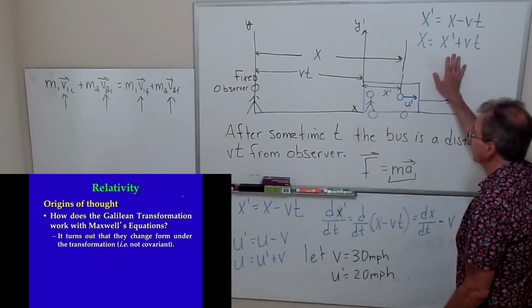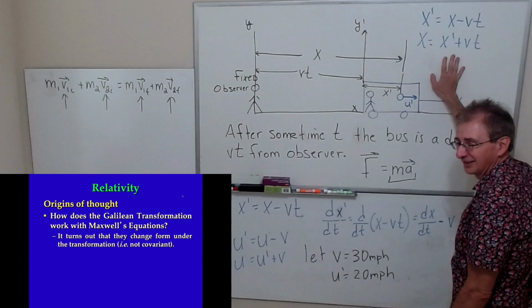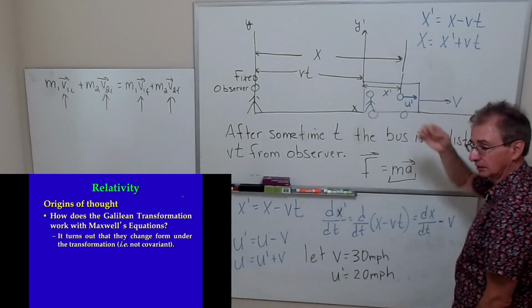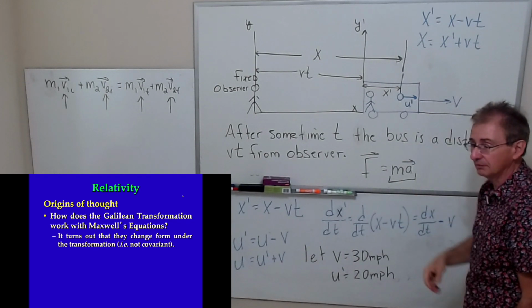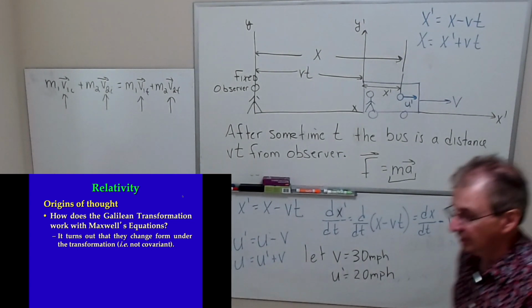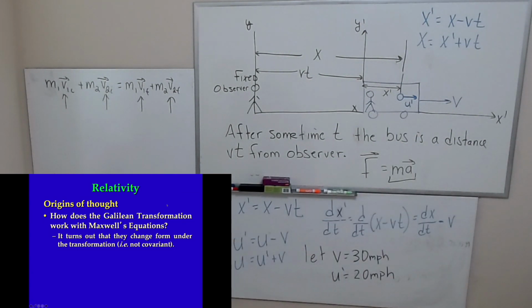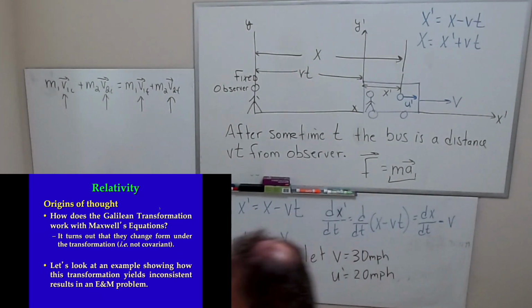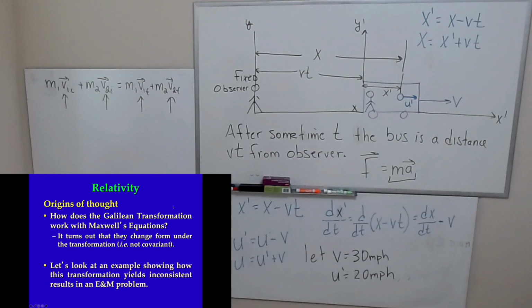I mean, this should be something universal. It's based on measurements. Why is it that this doesn't work for E and M? I'm not going to show you an example because we haven't covered E and M yet.